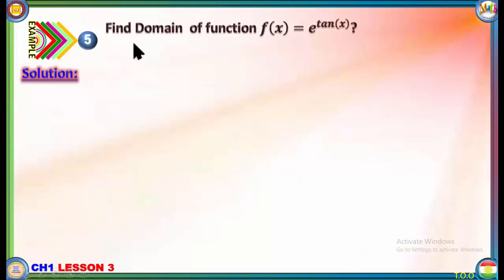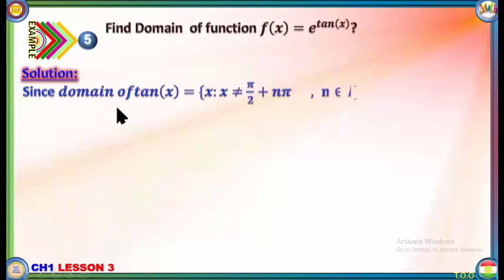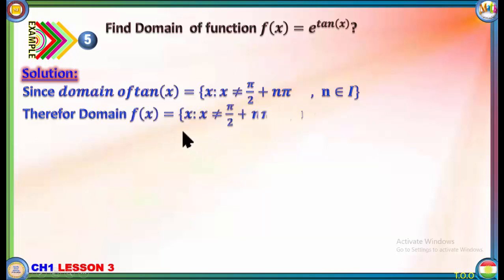Example number 5. Find the domain of the function f(x) equals e to the power tangent x. Since the domain of tangent x is all real numbers x when x is not equal to pi over 2 plus n pi, where n is an integer, therefore the domain of the function f(x) is all x when x is not equal to pi over 2 plus n pi, where n is an integer.